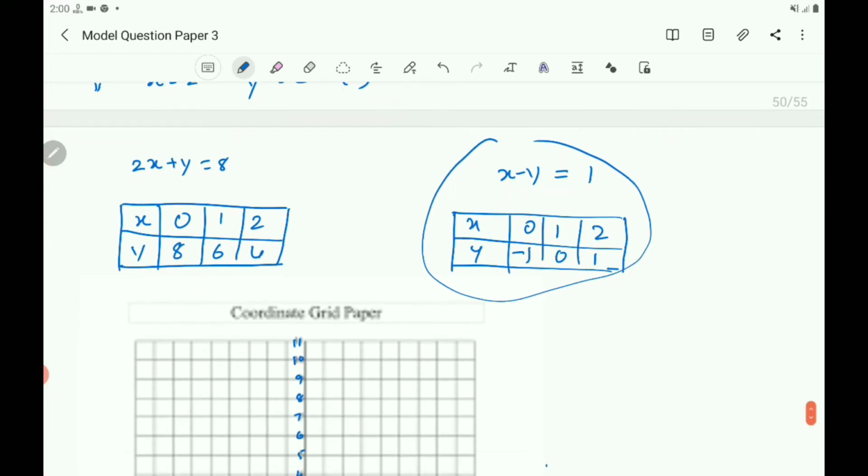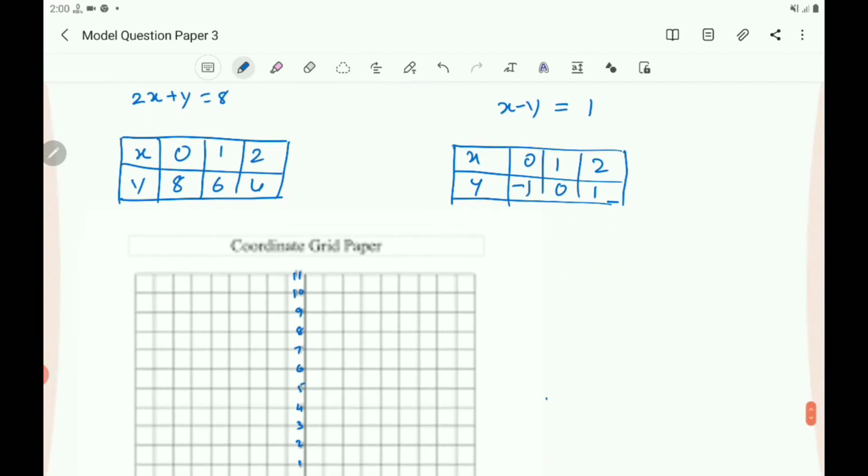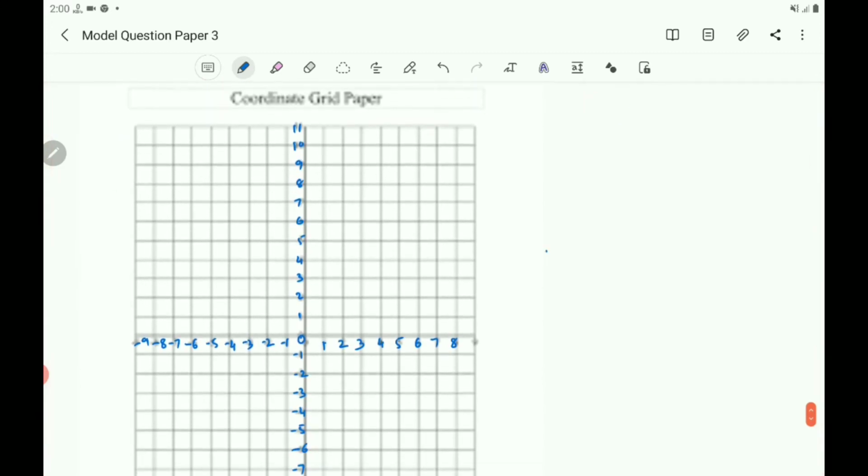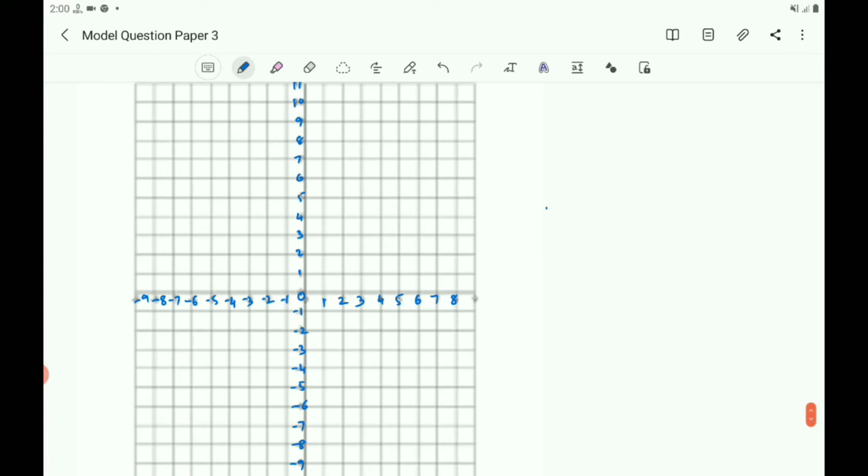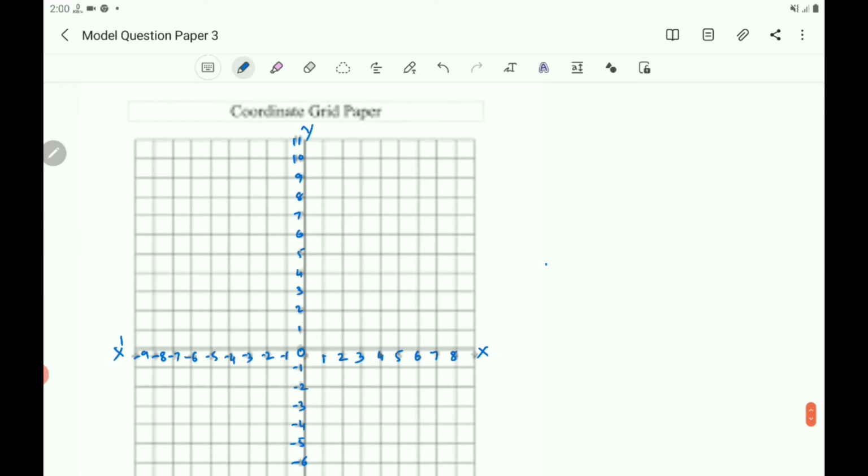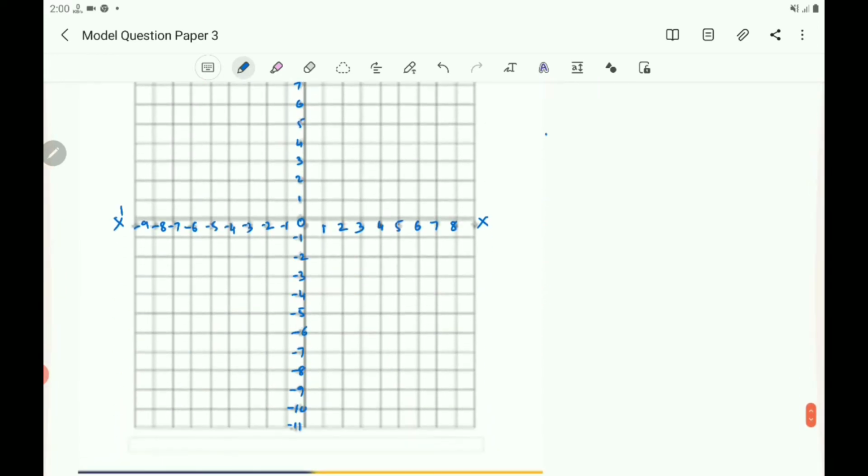Now draw the x-axis and y-axis, which are the perpendicular axes, and mark the points on it. Here this is x, x dash, and this is y, y dash.